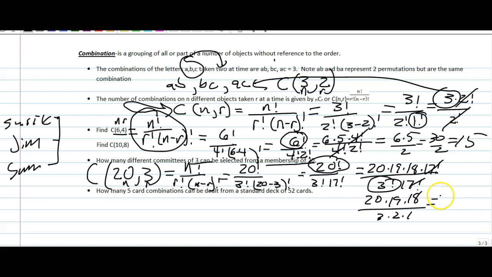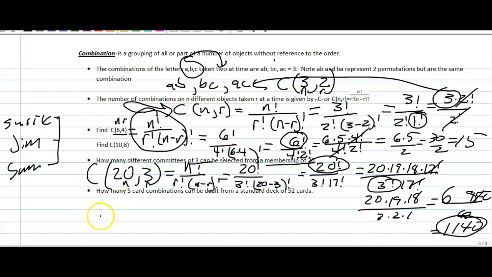So that would give me upstairs 6,840 divided by 6, which would be equal to 1,140 different ways that I could select a committee of 3 from 20 members.